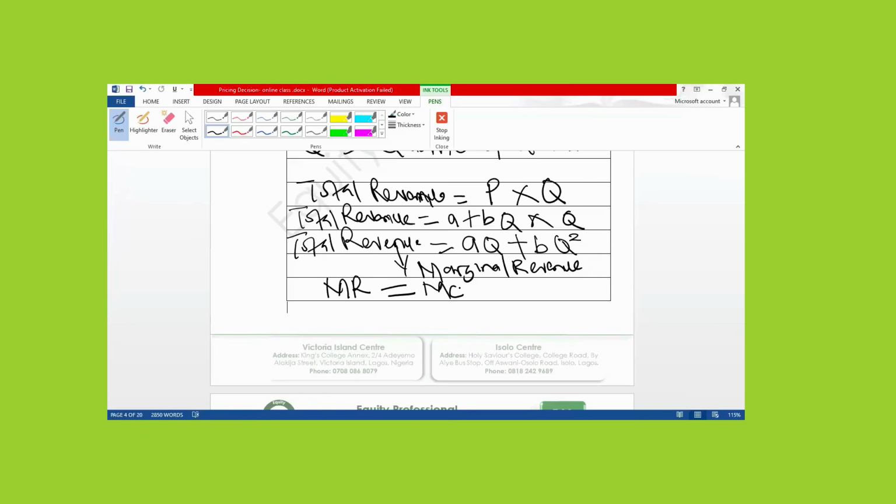This is what we call the theoretical approach to pricing. It's also called the economic approach to pricing. All right. We are done with all the explanation now.